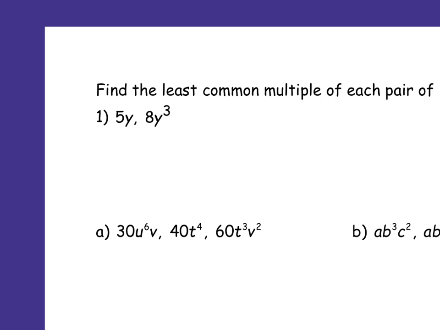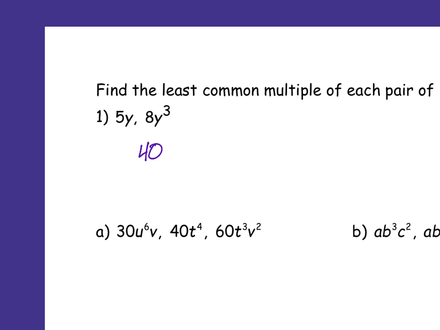So I want to find the smallest number that all of the terms go into. Not what goes into both numbers, but the smallest number that all the numbers go into. Very slight difference. So for number 1, the smallest number that 5 and 8 go into is 40.